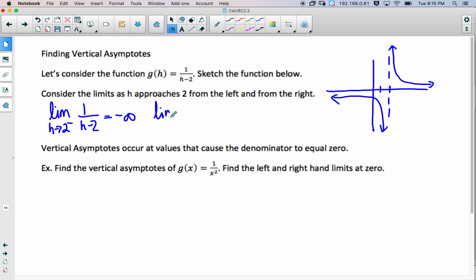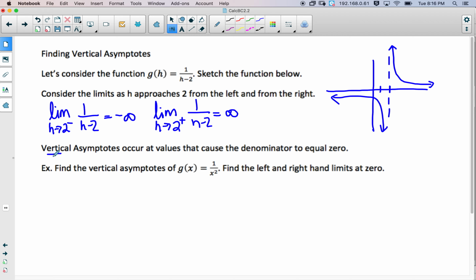And the limit as h approaches 2 from the positive side of 1 over h minus 2 is equal to positive infinity. So I'm approaching from the right-hand side, that's going up to infinity.